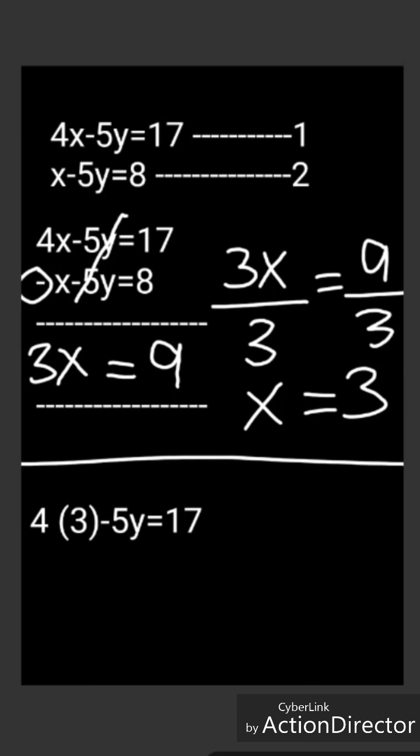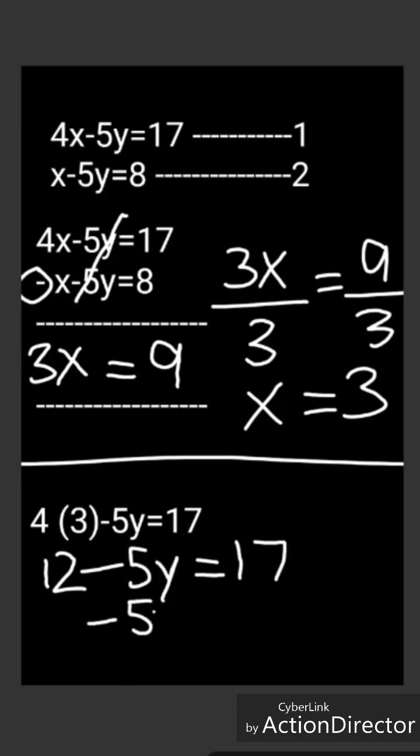Now you have 4x, and we know x equals 3, so 4 times 3, because it's basically 4 times x. Take away 5y equals 17, and all we need to do now is rearrange it. So 4 times 3 is 12, 12 take away 5y equals 17. And then you need to do 17 take away 12, so minus 5y equals 5.